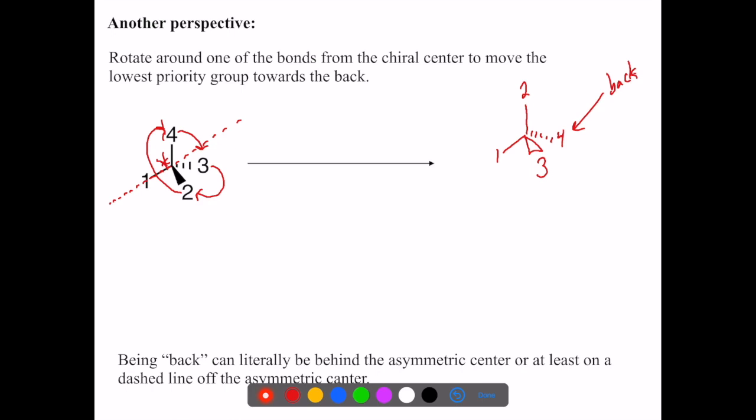It doesn't have to be directly behind the carbon like I drew in the last 2 examples. This is clearly going back behind the chiral carbon. It's just rotated slightly so that you can see it. So now that that's back, when I go from high priority 1 to 2 to 3, it is clockwise, and that is R.